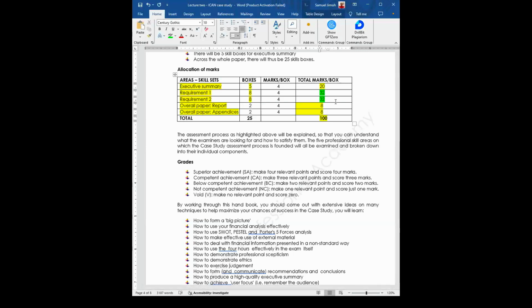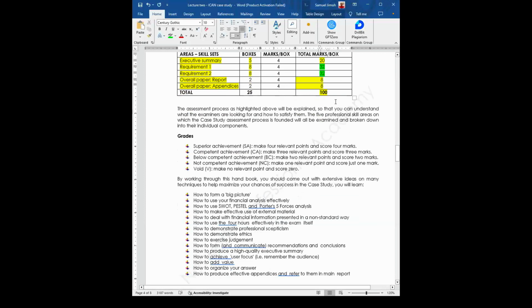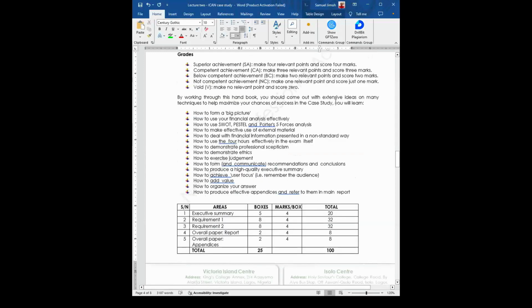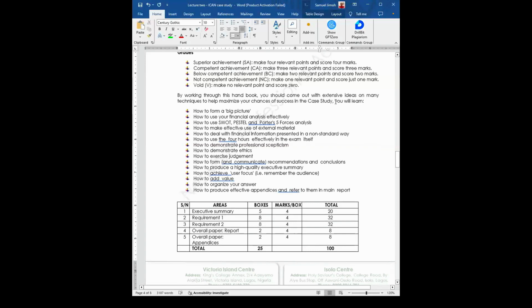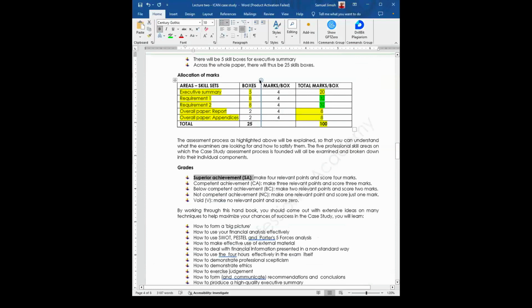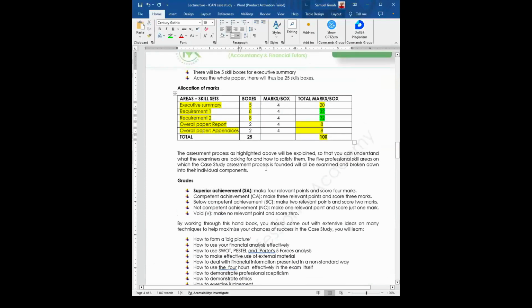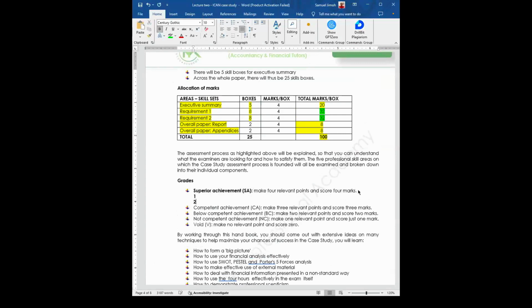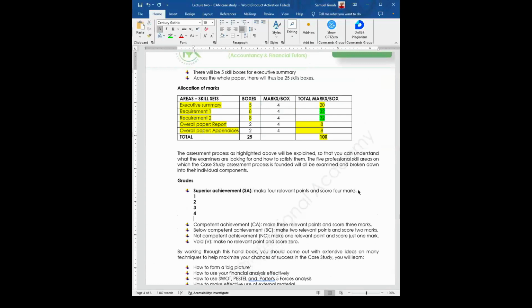There are 5 basic grades in case study. The first one is superior achievement, or the marks under each of these case sets. So let's take, for example, you are doing executive summary.